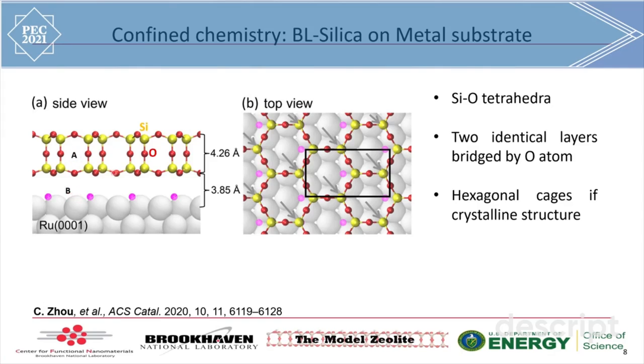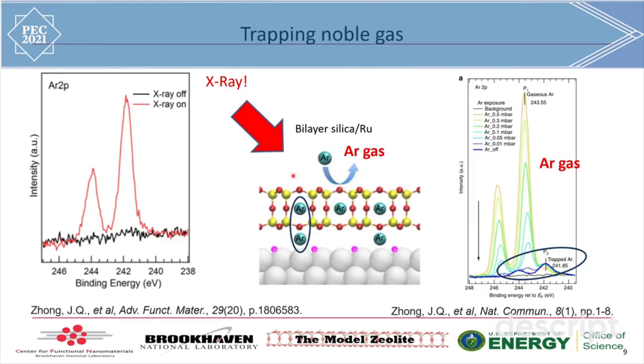This silica bilayer is formed by two identical layers bridged with oxygen atoms and forms hexagonal cages if it is a crystalline structure. Previously we found that using this model system, we can trap noble gas, where you can see here the argon can be trapped both in the cages and at the interface, as shown here in the XPS, where each trapping site corresponds to a unique binding energy.